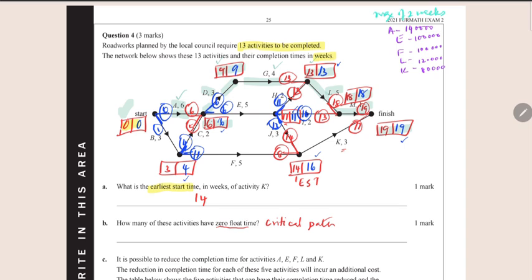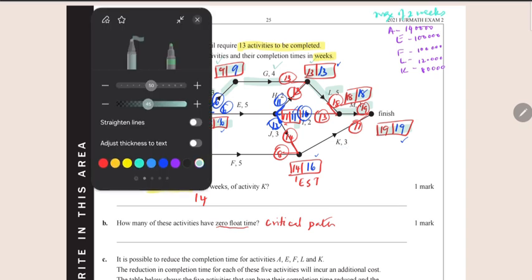Now I see that there are more boxes, for example, here there is a box with both 11, 11. So that implies that I can actually find another critical path which includes some other values. So let's see what we can do about that.